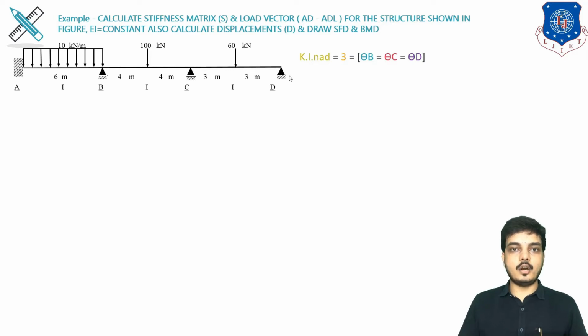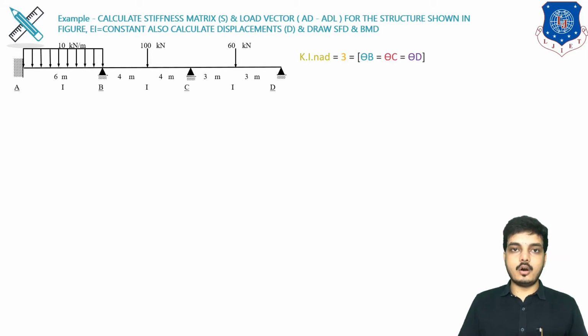So now first of all we have to find out the kinematic indeterminacy. We know that a fixed support resists everything: horizontal reaction, vertical reaction as well as moment. A simple support resists only vertical reaction and horizontal reaction, not moment. So at support B the unknown is rotation, at support C the unknown is rotation, and at support D the unknown is rotation.